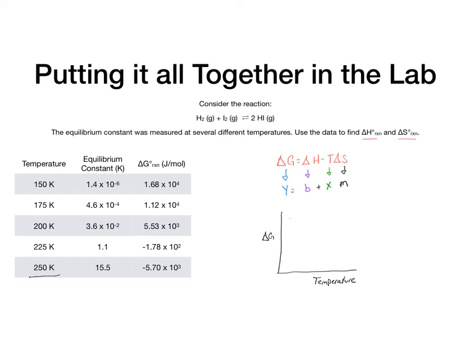And if I graph this, I get a line, y equals mx plus b. And the slope of this line is going to be equal to negative delta S. And the intercept of this line is going to be equal to delta H.